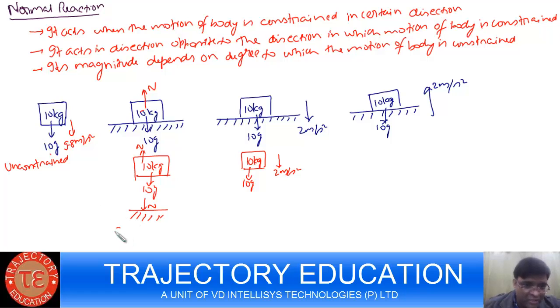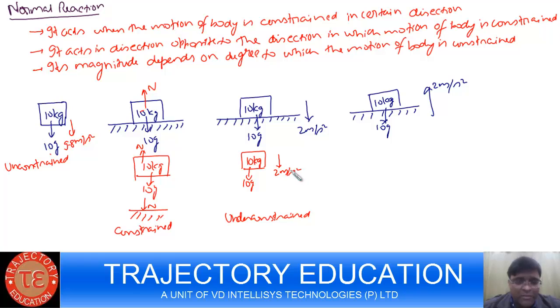If I call this constrained, I'll call this under constrained. Constrained means what? Constrained is not free. The body is not going down with an acceleration which it could have had had it been free. Had it been free, it could have moved with 9.8 meter per second square.